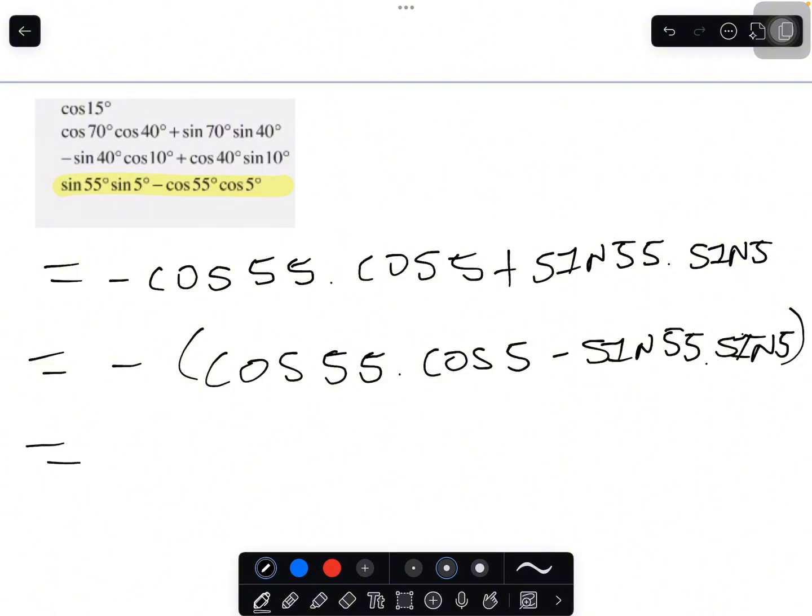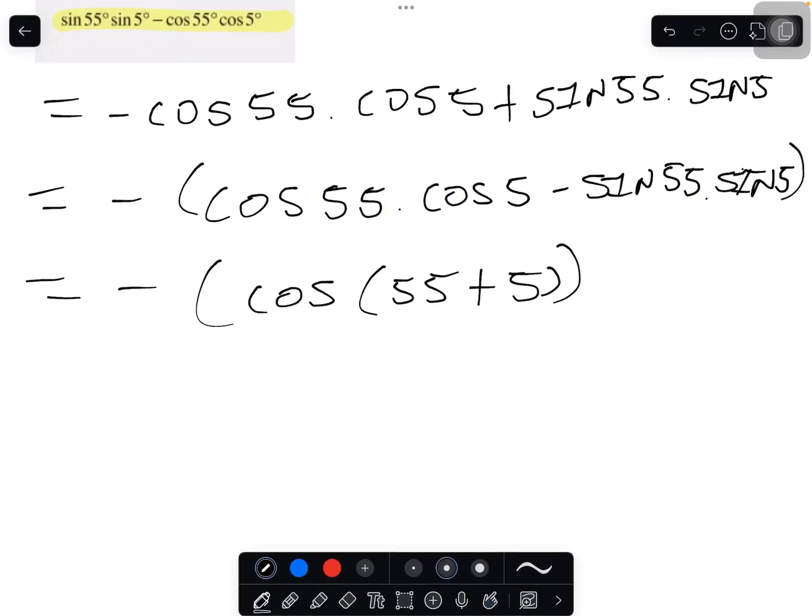And then here we can contract those brackets, and I'll get cos of 55, we have a minus here, it'll become a plus 5, close brackets, and then we're going to get negative into cos of 60, and we know the cos of 60 is a half, so we'll just get negative a half.